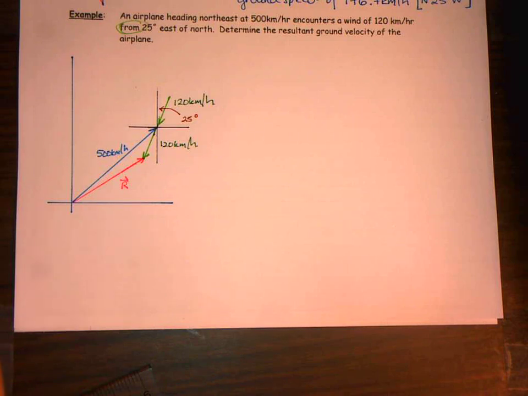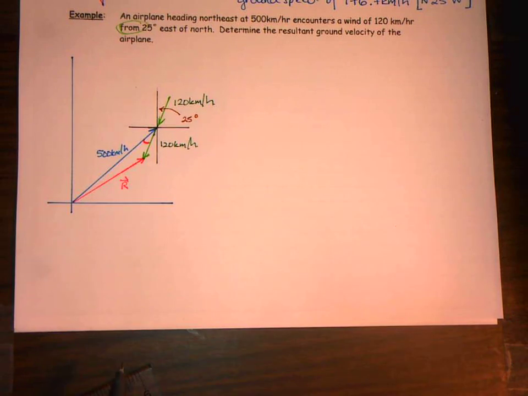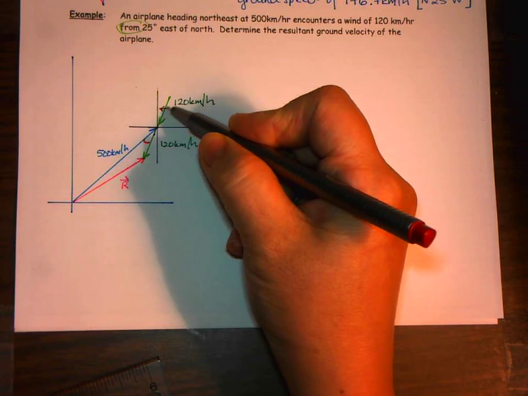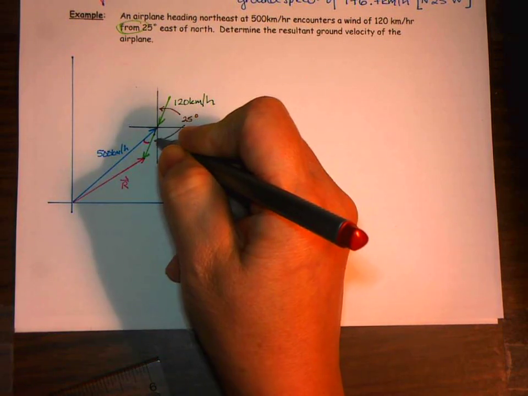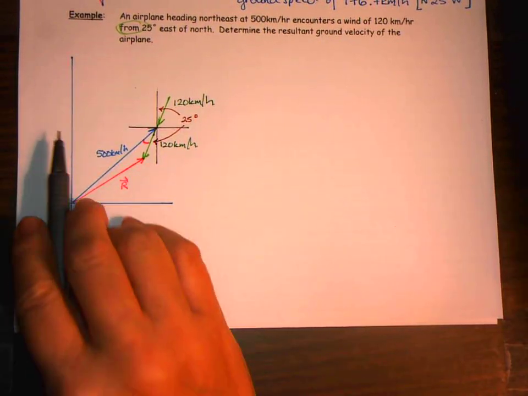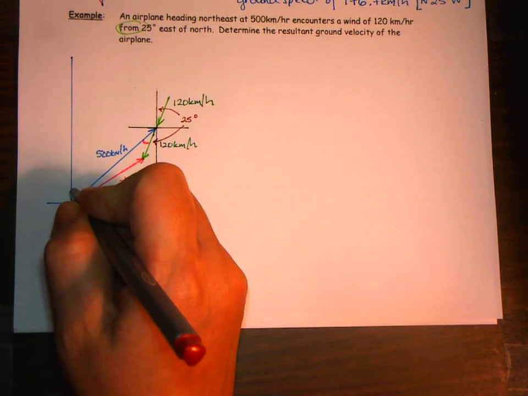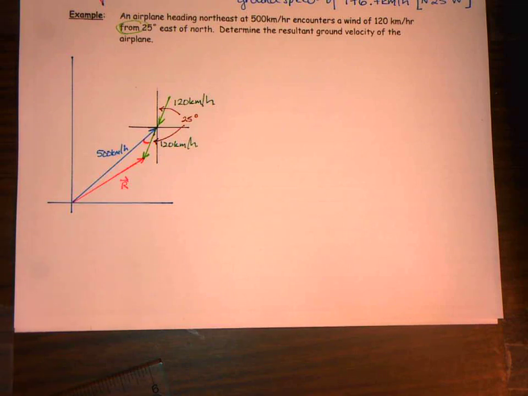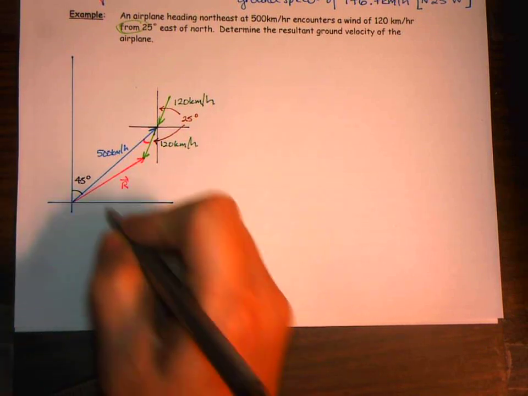So if we can find this angle, then we can use the cosine law. Well, we know that this angle being 25 degrees, this is the opposite angle here, so this angle is also 25 degrees. Okay, opposite angles are equal. And we also know that the plane was flying at 500 kilometers per hour in a northeast direction. So if it's northeast, then this angle here must be 45 degrees. And this angle here must also be 45 degrees.